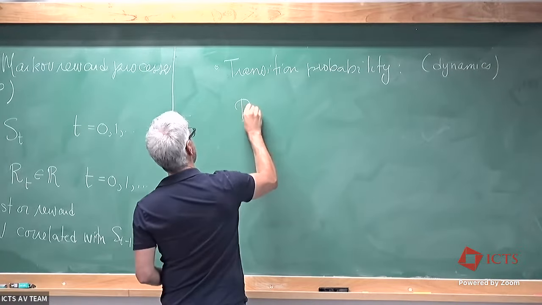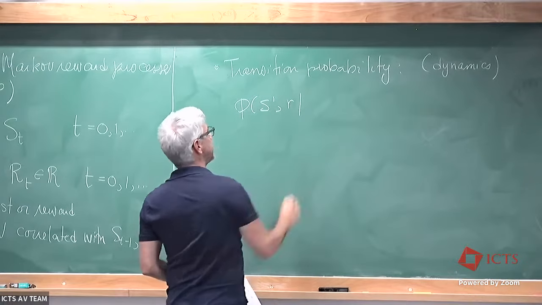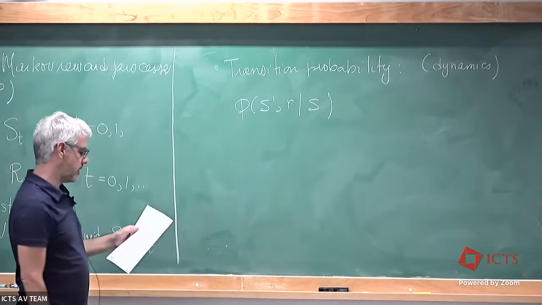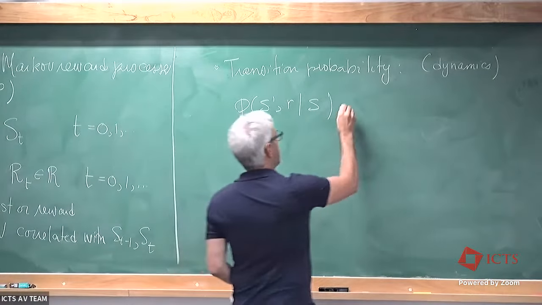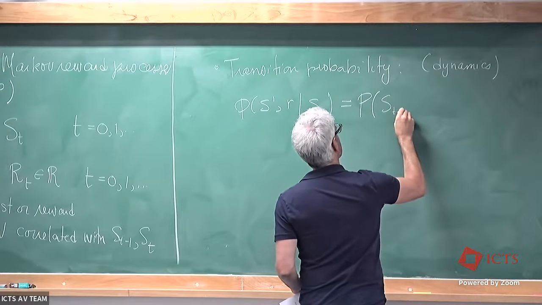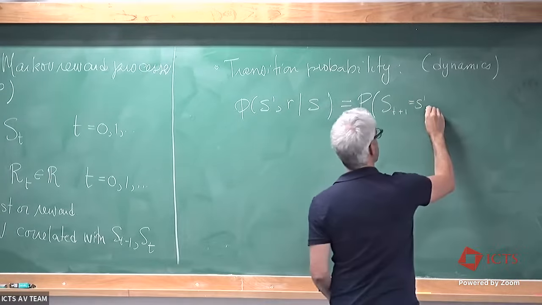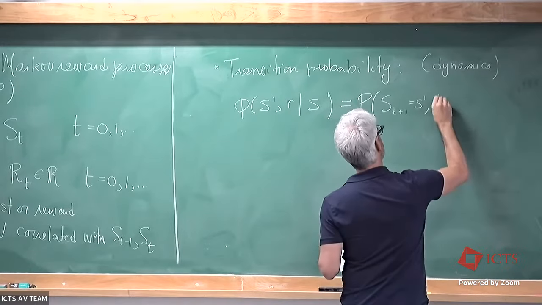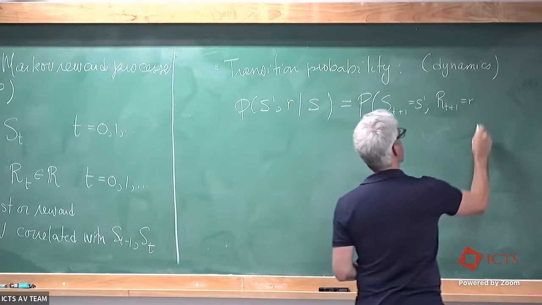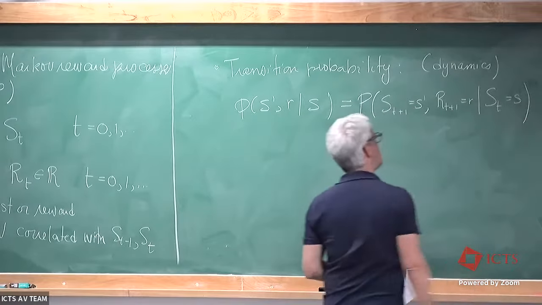So now the dynamics will be specified by giving the new state that I reach, and the reward that I'm going to gain if I make a transition from S to S prime. If I write this in full, this is the probability that I reach some state S prime after some time, and the reward at that time for making the transition is equal to R, given that I start in the state S.